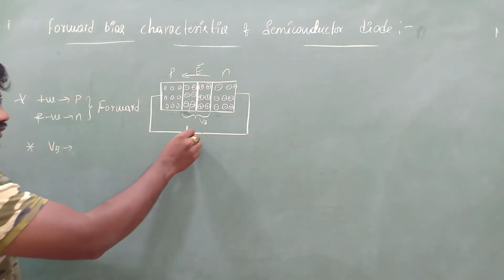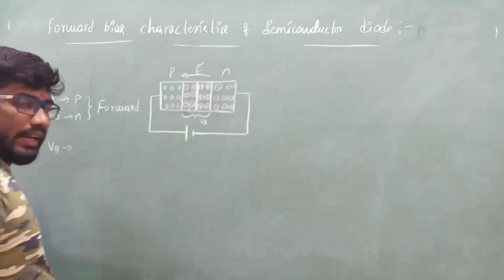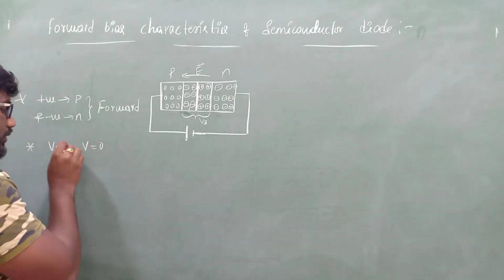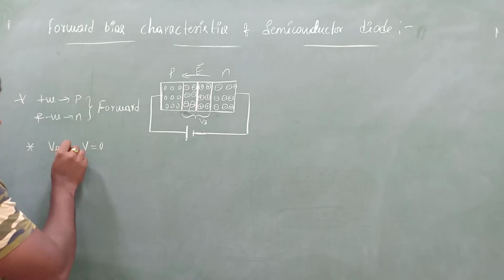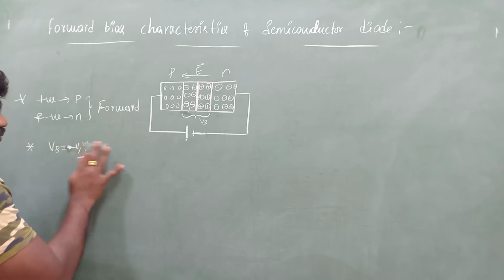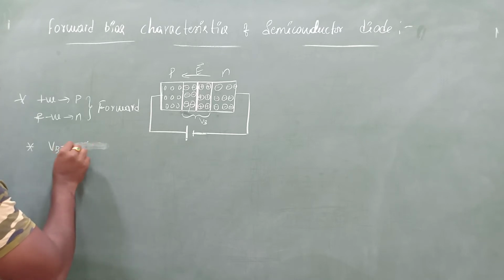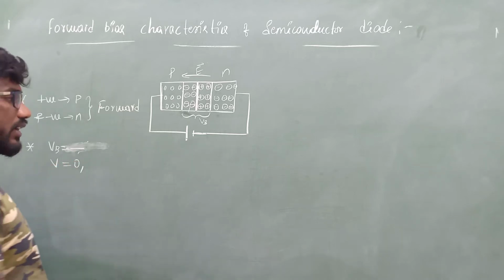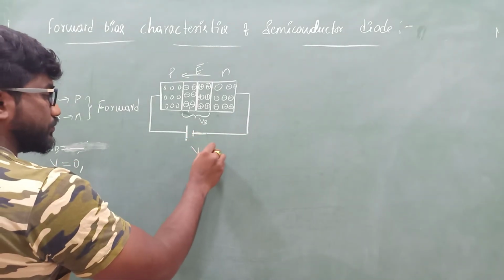Okay, even though I connect the battery, I'll keep the applied voltage as 0. This VB has some value, some volts. Now V, the applied potential, I'll keep as 0.